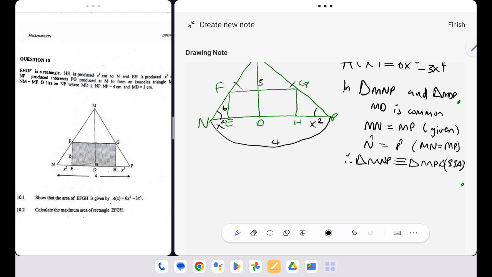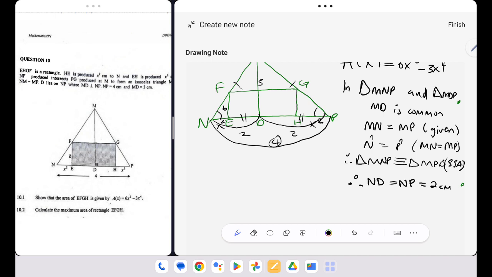So if they are congruent, I can therefore conclude that ND is equal to NP, which is 2 centimeters. This is equal to this. Does it make sense? So I know that here I have 2 plus 2 will give me the entire length of 4.